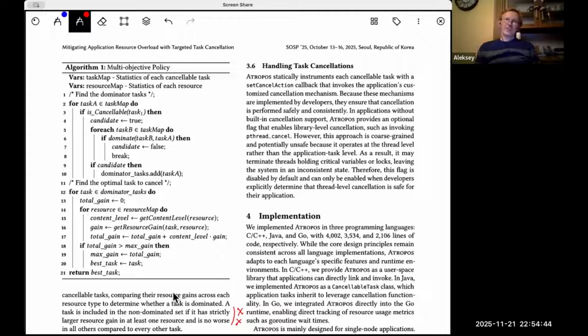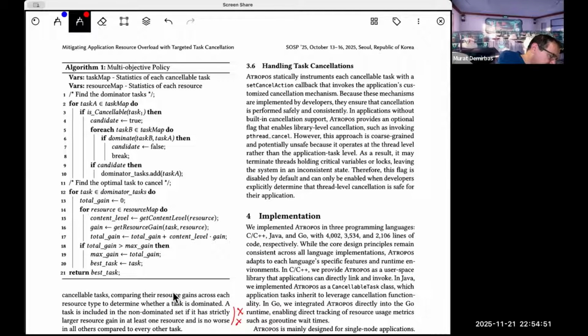So they get those top tasks, and then they pick the best one. What is best? That's my question. Maybe even a small gain on that resource that's more bottlenecked is more important. Oh, they look at the contention levels as well. Contention level is also part of the equation. See, that's beautiful. Contention level times gain. It becomes a multiplicative factor.